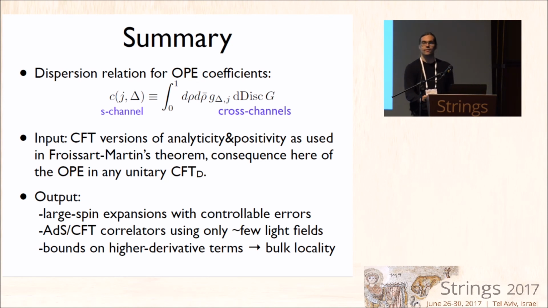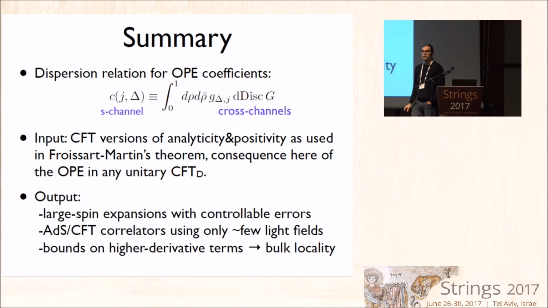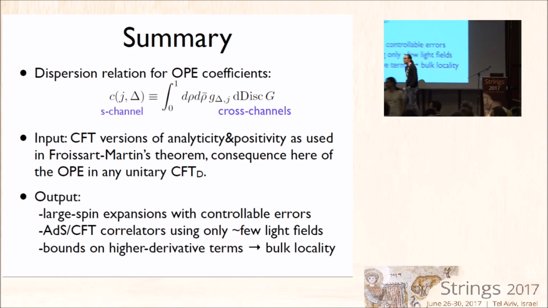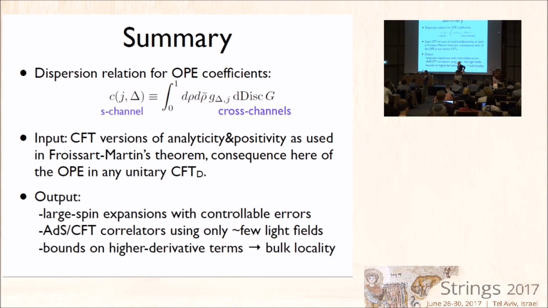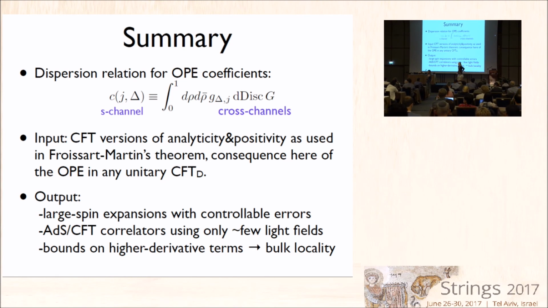Questions? Over there. Hello. So say you have an unstable particle in AdS whose lifetime is long compared to the AdS time. So how do I think about the lifetime in terms of the CFT?